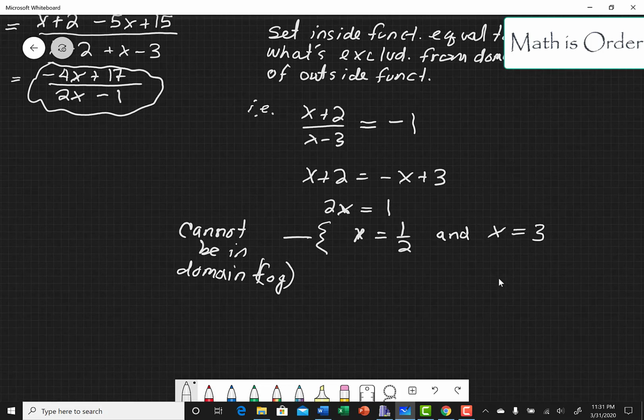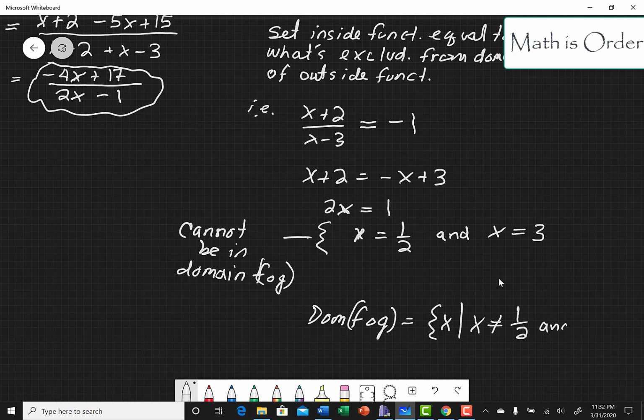Therefore, the domain of f composed with g is the set of all x such that x is not equal to 1/2 and x is not equal to 3.